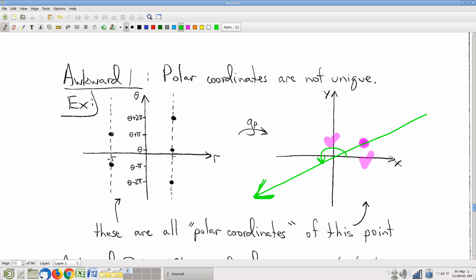And in that direction, how far do I go this way? Well, it's not visible. In that direction, I go a negative amount. Right? So I can just think of it as negative values of r for a completely different set of angles. So polar coordinates, wildly not unique.